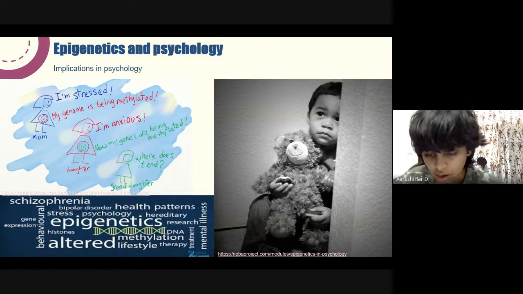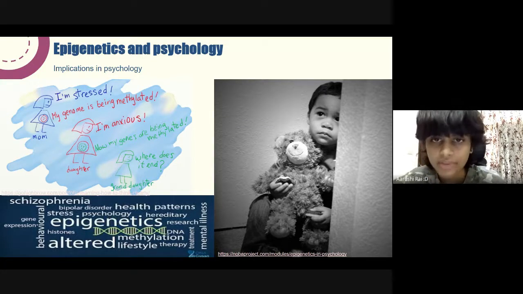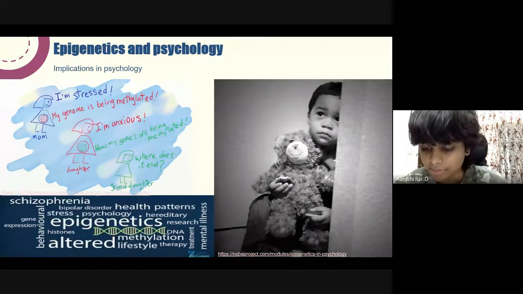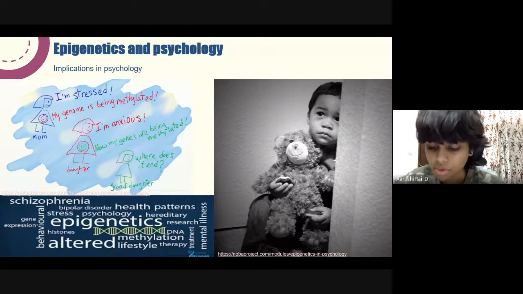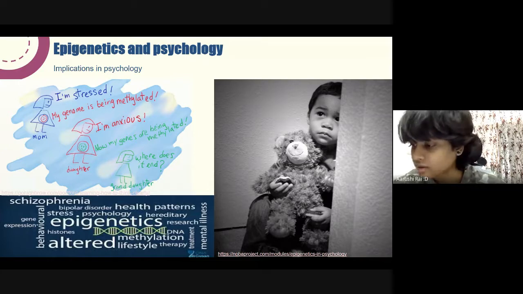There are certain epigenetic mechanisms and psychological disorders that are also included in this field. Let's look at the picture of the kid here holding a teddy bear and discuss how early life experiences exert a long lasting influence on physical as well as mental health throughout life. Having a tumultuous family since birth can increase one's likelihood of schizophrenia, which is an epigenetically inherited disease, and can also have strenuous effects on the individual's mental health.